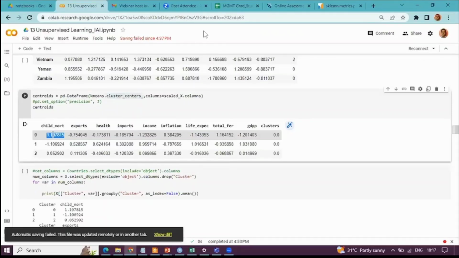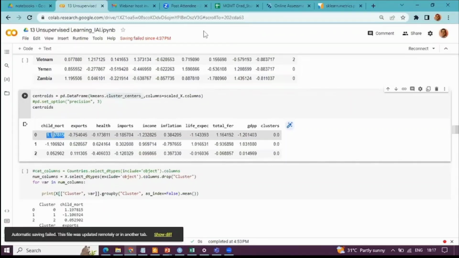Yeah, the other important factor definitely is the income. You could see here, income is looking very widely different. Minus 1.23, plus 0.95 and plus 0.09. A clear-cut segregation. So income is one variable which is deciding the cluster.